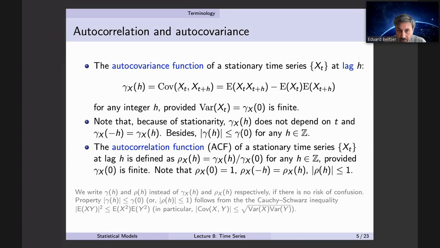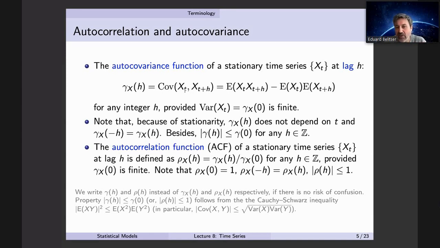First of all, notice that if we put h equal to 0, then we have covariance of xt with itself, and that's its variance. So that must be positive. That's the function at point 0. Another interesting thing is that this function is symmetric.